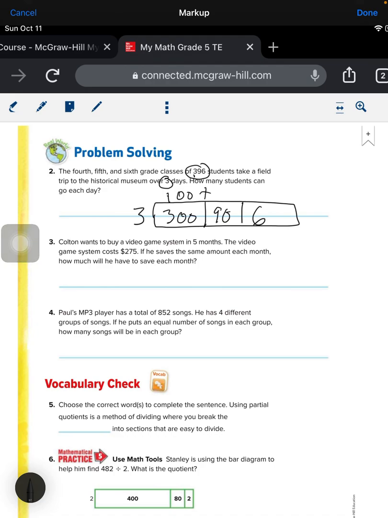So 3 goes into 300 100 times. 3 will go into 9 3 times, bring the 0 up. So 3 will go into 90 30 times. And the final one, 3 will go into 6, well, twice. So you add all that up together and you get 132 students per day.